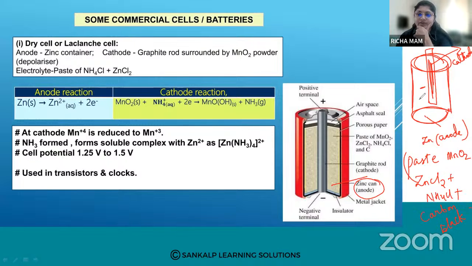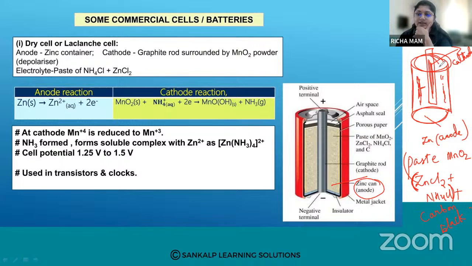The space between the electrodes is filled with a moist paste of ammonium chloride and ZnCl2.